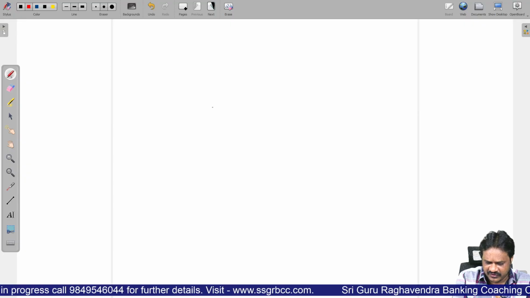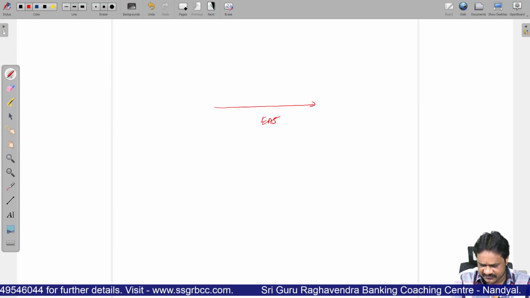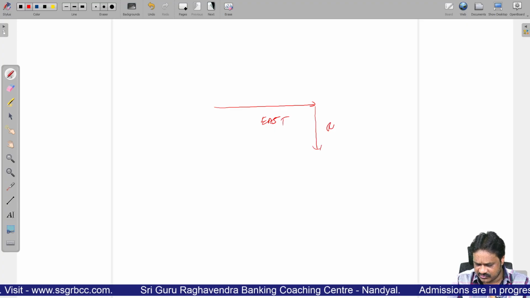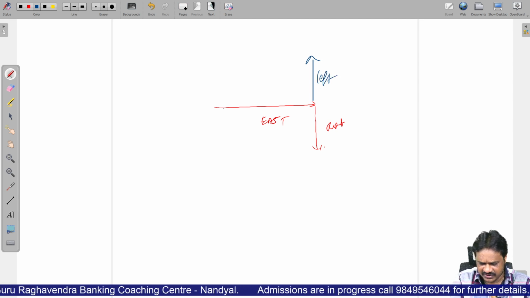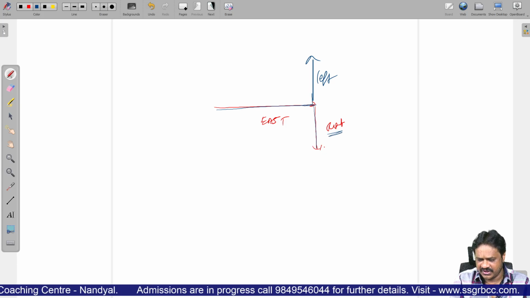When a person is east facing, turning right means moving to the south. Turning left means moving to the north.